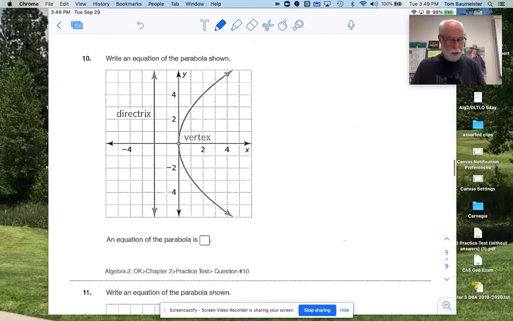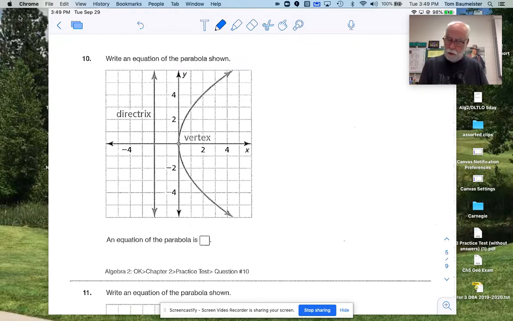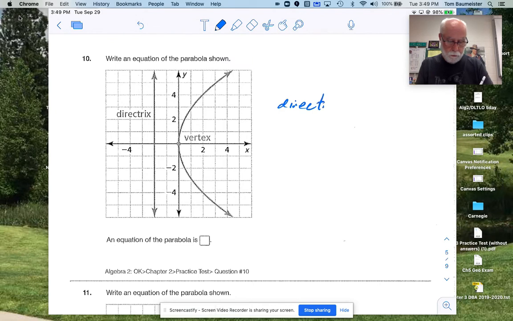So on number 10 here, write an equation of the parabola shown. So if we look at this one right here, sometimes they'll give us the focus, sometimes they'll give us the directrix. On this one right here, they gave us the directrix. Remember, the directrix is x, because it's a vertical line, is equal to -2.